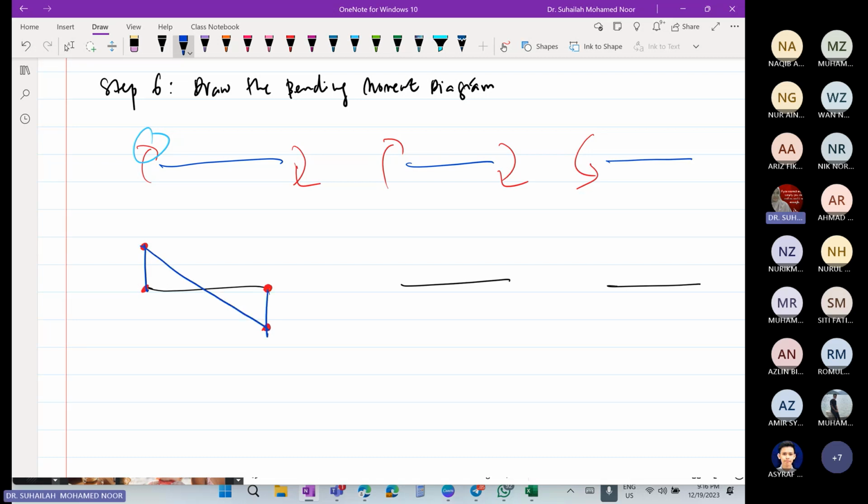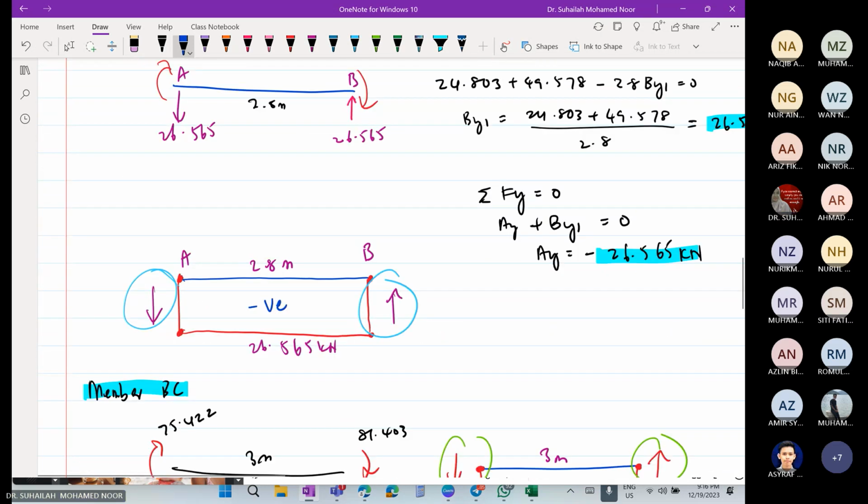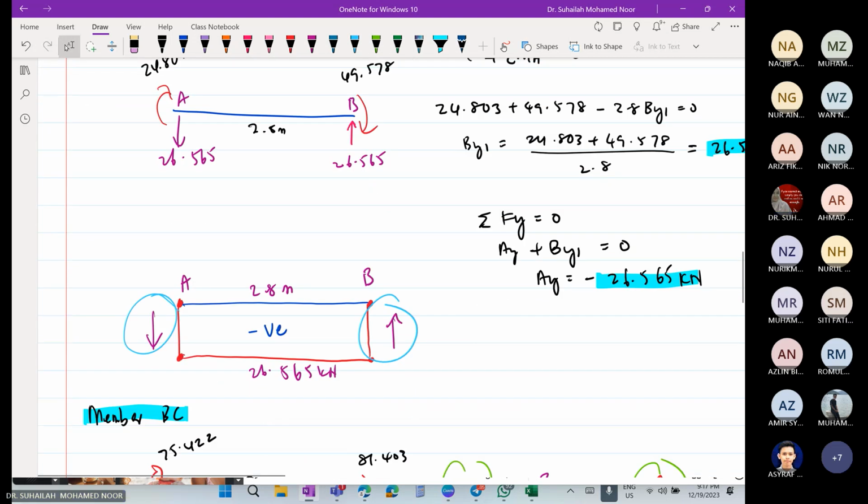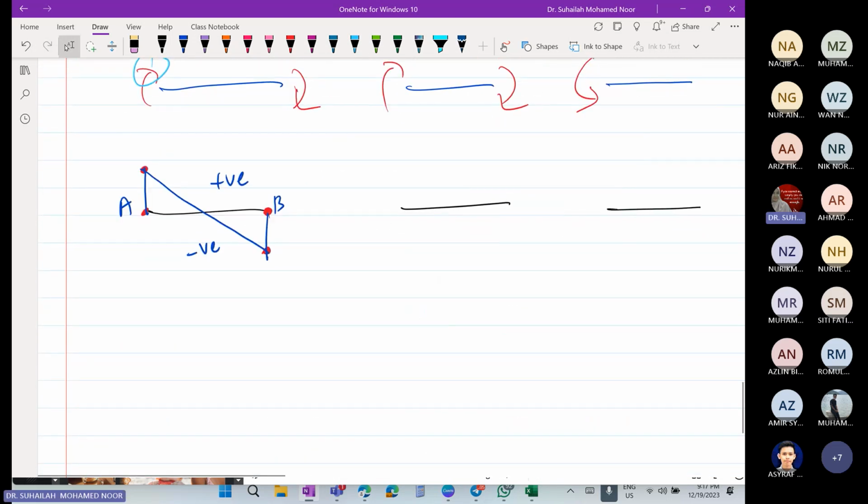This is the BMD for member AB. Positive, negative. The values are from the table, 24.8 and 49.6.